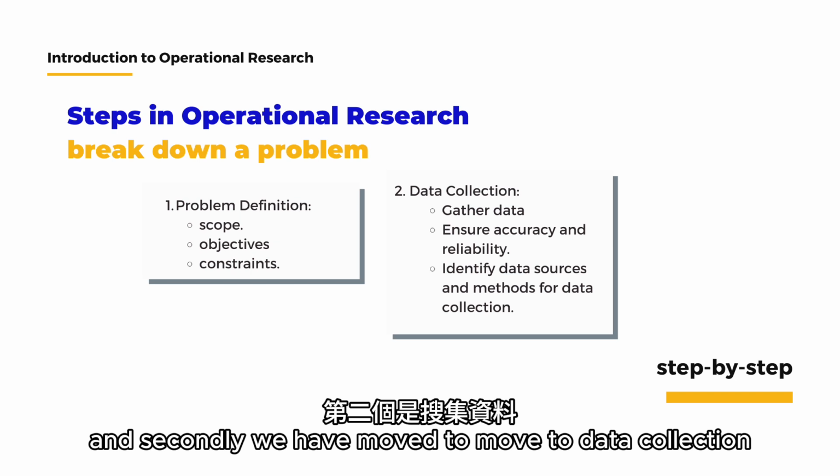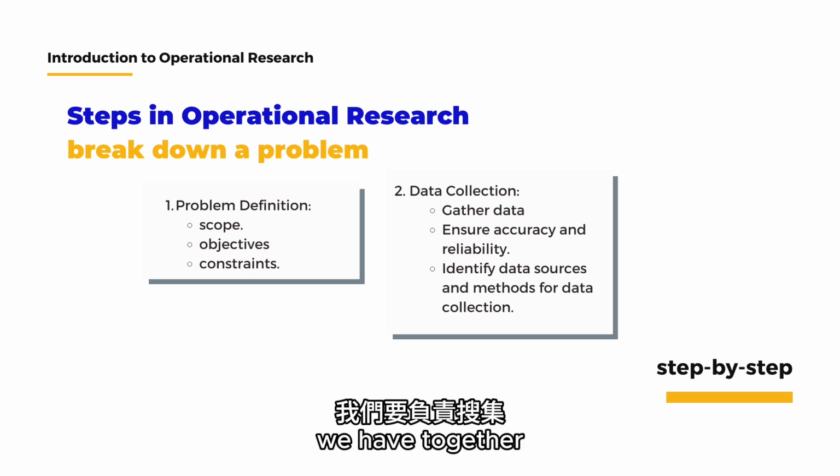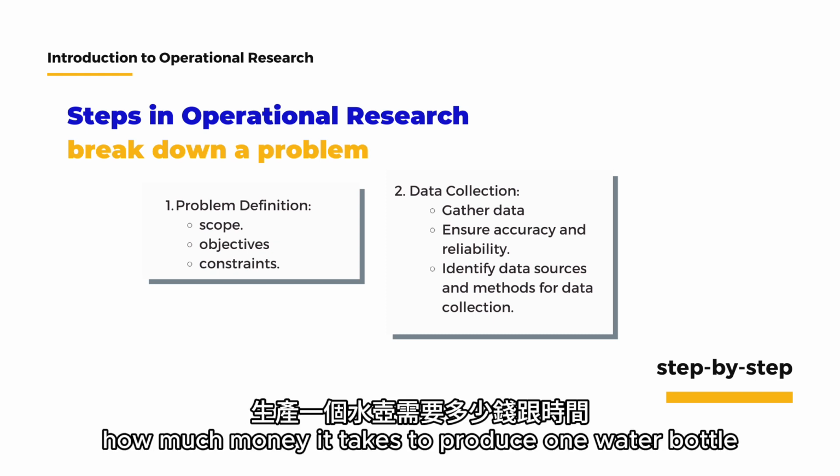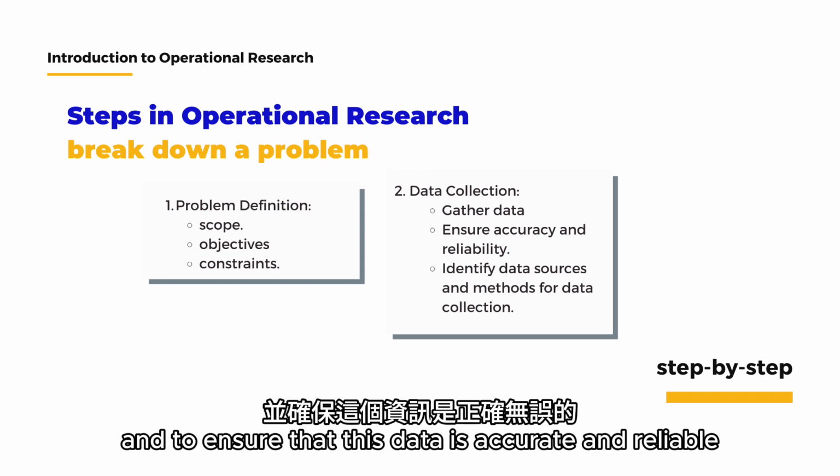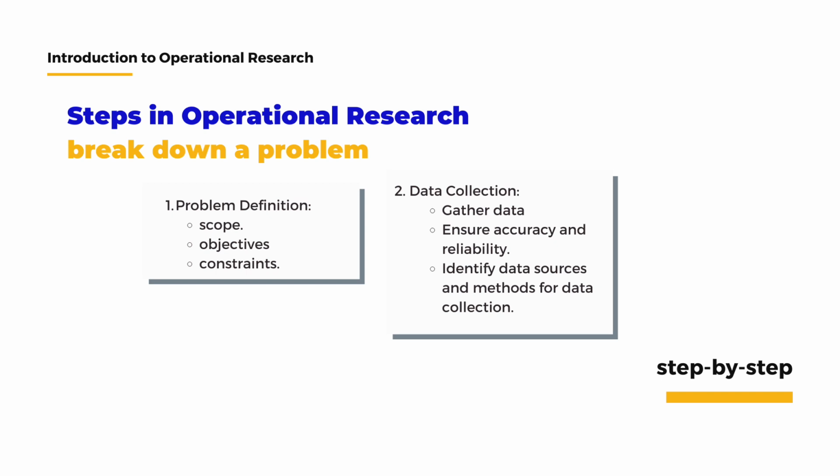And secondly, we have to move to data collection. We have to gather how much money it takes to produce one water bottle, and ensure that this data is accurate and reliable.